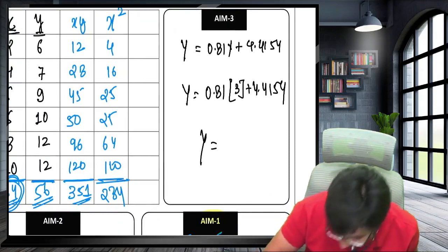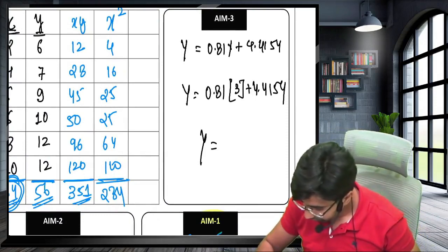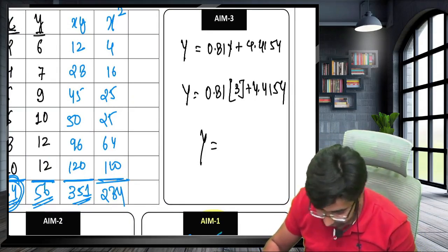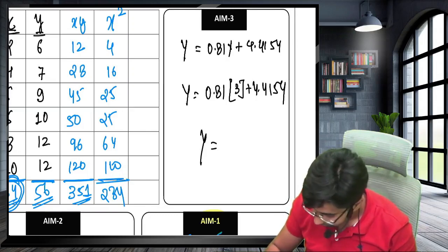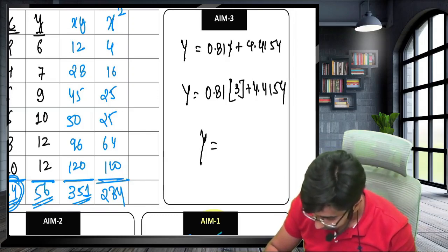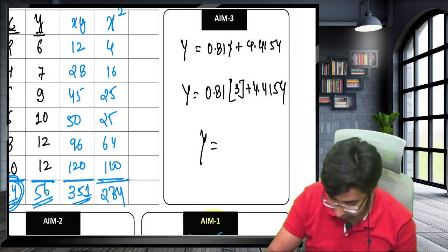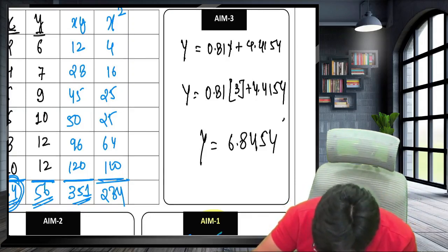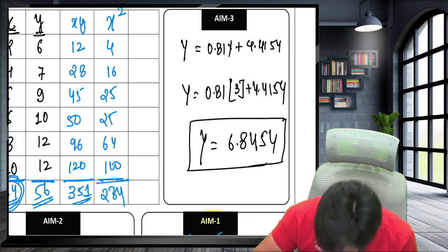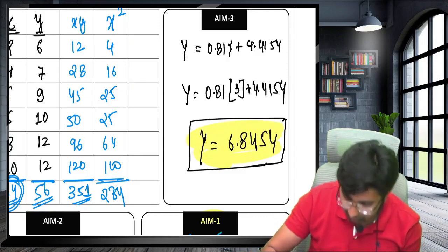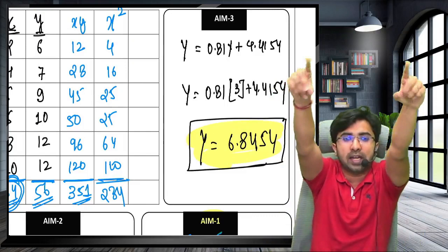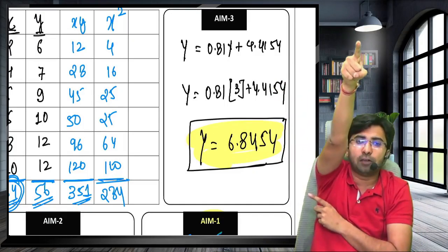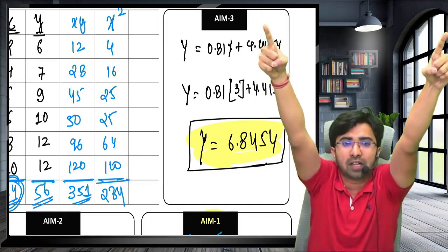Let's solve this. 0.81 into 3 is 2.43, plus 4.4154. Guys, it is 6.8454. Guys, you have successfully estimated the value of y when the value of another variable was known.